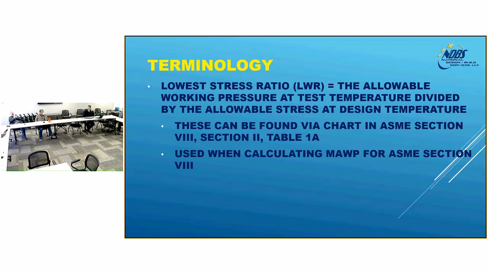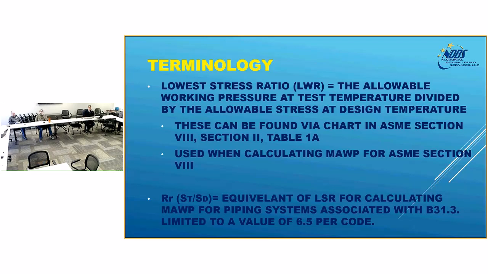So it's a factor, if you will. ASME B31.3 actually calls it the R sub R factor, or ST over SD, which is the stress at the test temperature divided by the allowable design temperature stress.